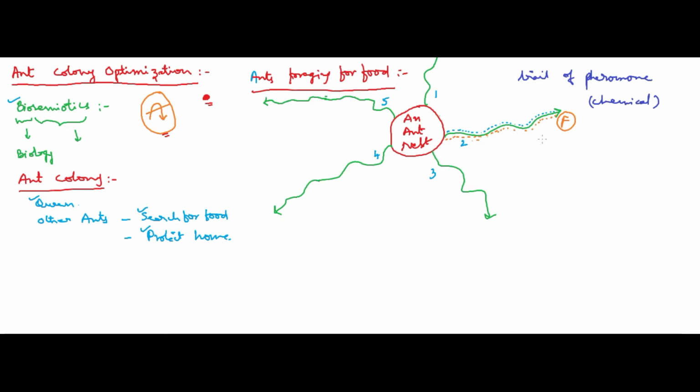Even the direction of the nest can be given by its own pheromone. And in the meantime, even in the return journey, it is simply pouring that trail of pheromone. In this way, for example, if it takes 4 minutes to reach F and 4 minutes to reach back, totally it is 8 minutes.